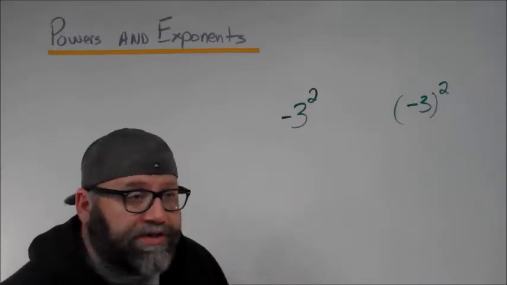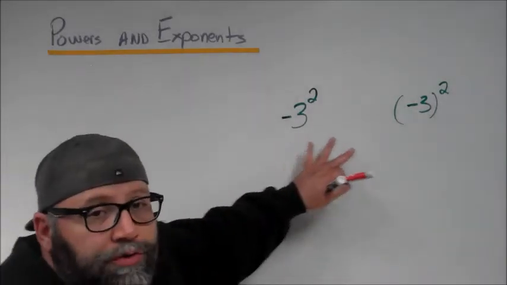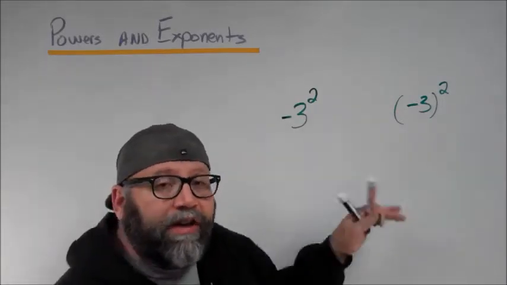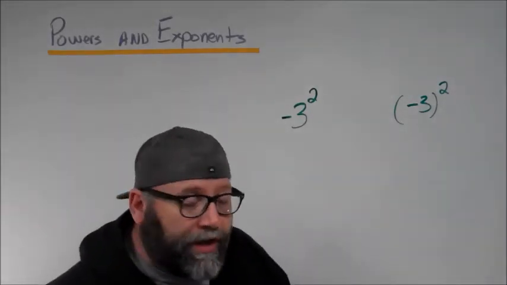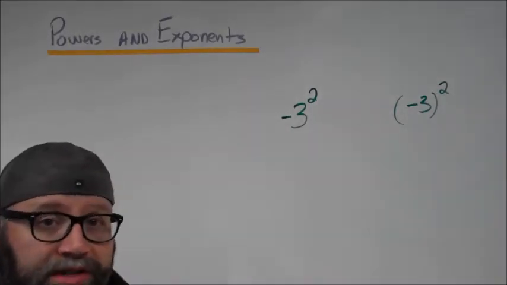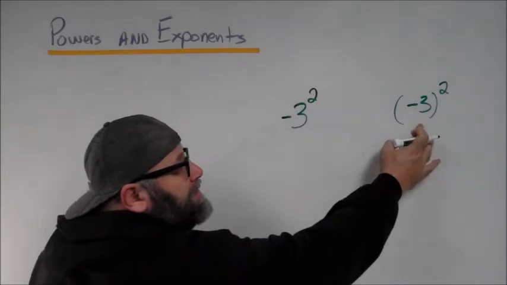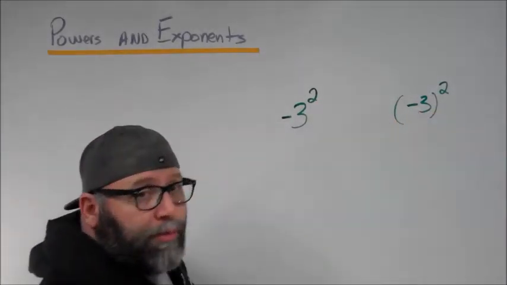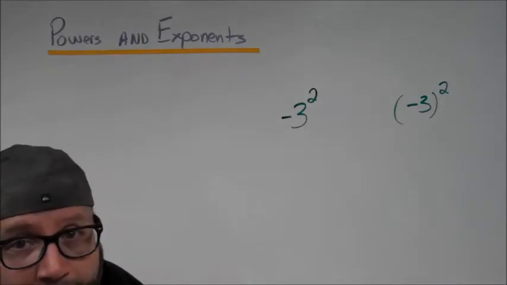Let's look at a special exception. So we have 2 similar bases, and the exponents are the same, but the evaluation of these are different things. So in this one, this says the base is raised to the 2nd power. This one says the base and the negative, because they're grouped together in the parentheses, are raised to the 2nd power.